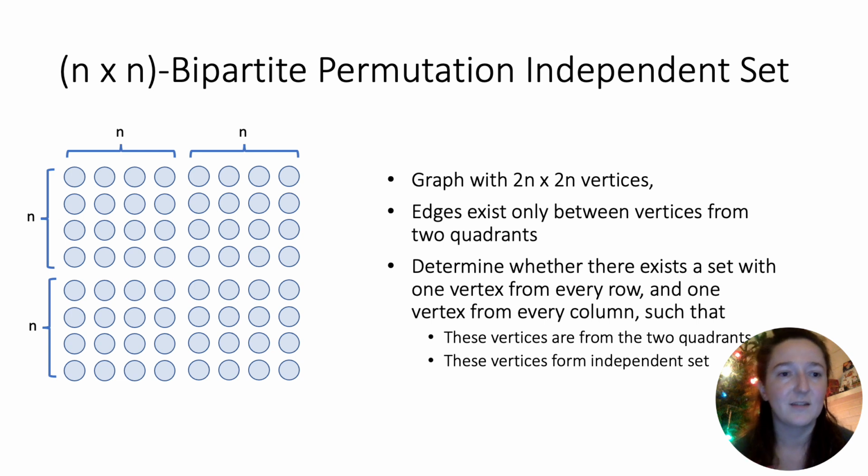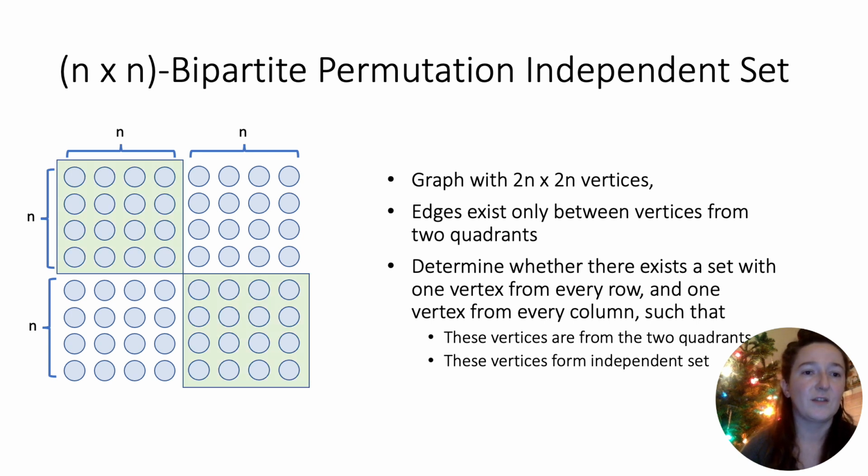Each instance has many vertices, and we can put all these vertices on a grid of size 2n by 2n. Even though it has so many vertices, we can focus only on these 2 quadrants of vertices, because edges in this graph exist only between vertices from these 2 quadrants.